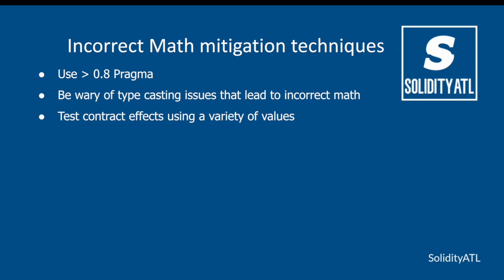Next, be wary of typecasting issues that lead to incorrect math. If you are converting a uint64 to a uint8, that's going to cut off the amount of integers within that type, because uint64 can store a lot more bits than uint8. I forgot how much is in uint64, but essentially you're going from billions as an integer value all the way to the hundreds.